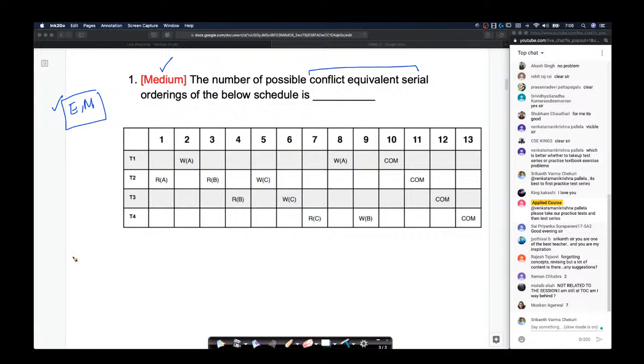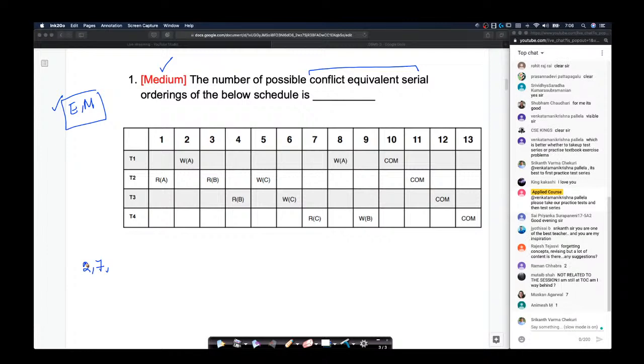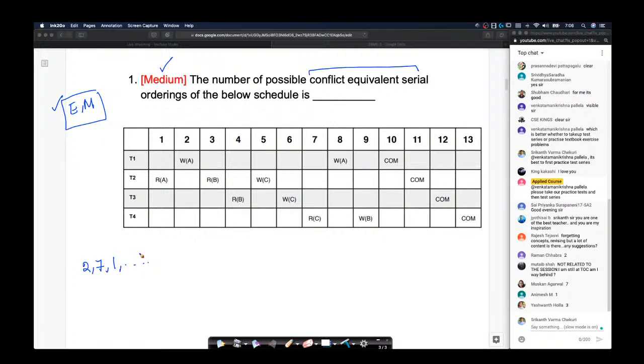Okay, somebody says 2, somebody says 7. Okay, somebody says 1 is the answer. Somebody says 3 is the answer.